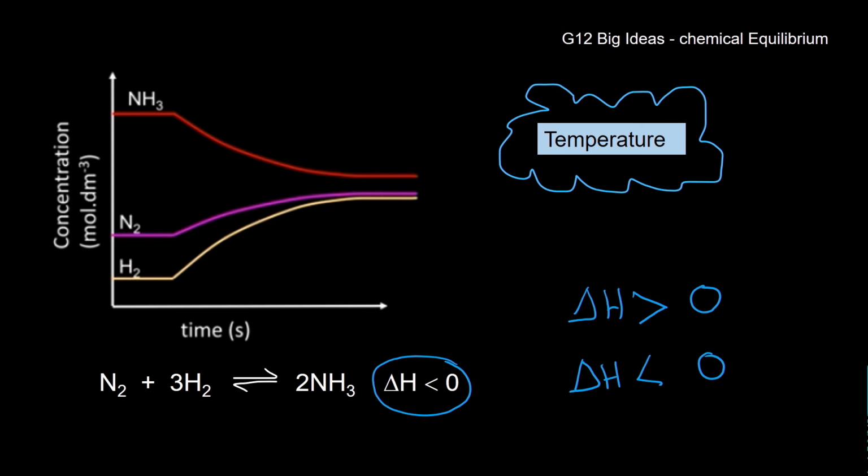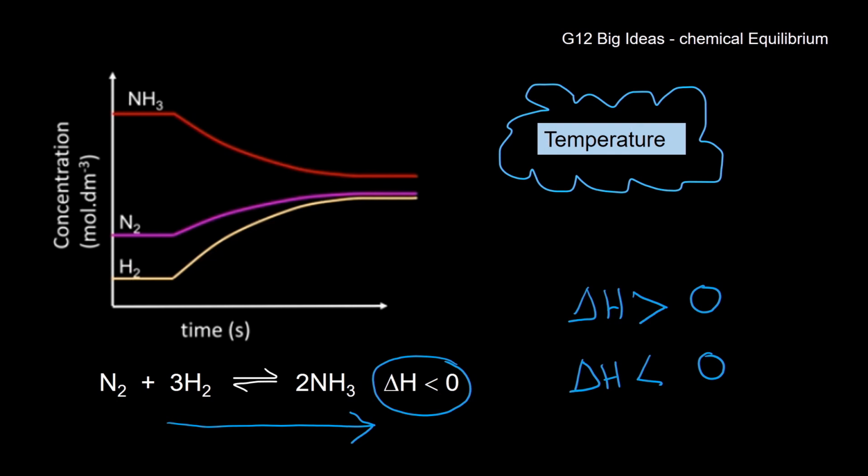So if we have an increase in temperature, the reaction which is going to remove that increase in temperature is going to be favored. So for this reaction, the forward reaction is exothermic. Let's say we increase the temperature.